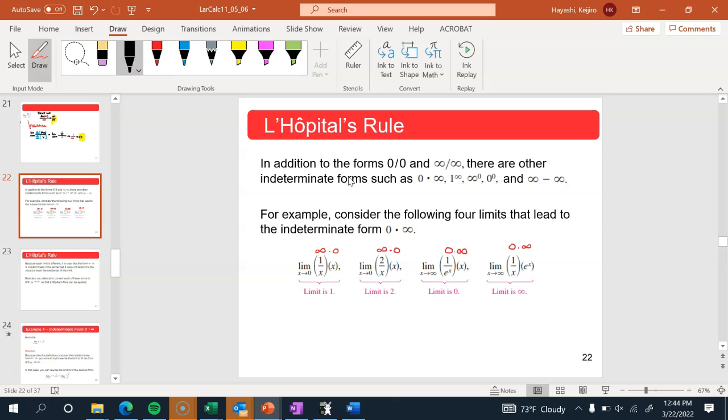What would be better is if you had, aside from actually just canceling these out completely, something like this, because then you would get 0 over 0. Or if you had 2x over x, and you try to plug in 0, that would give you 0 over 0.